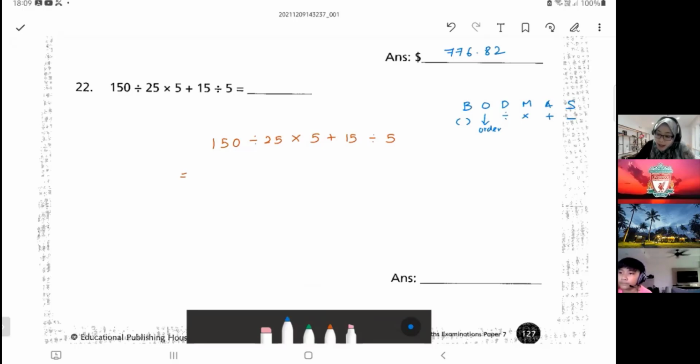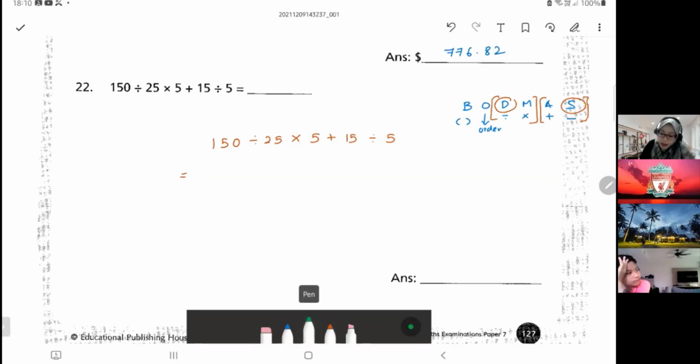Okay, but if, for example, your multiplication comes first, then you can do your multiplication first, whatever comes first. However, if it is division and subtraction, then definitely division must be done first. Okay. If they are side by side, the order says whatever comes first, do it first. That is what the order means.